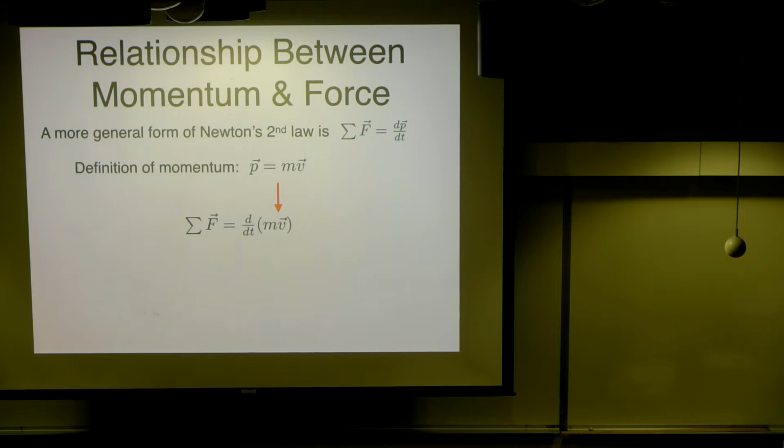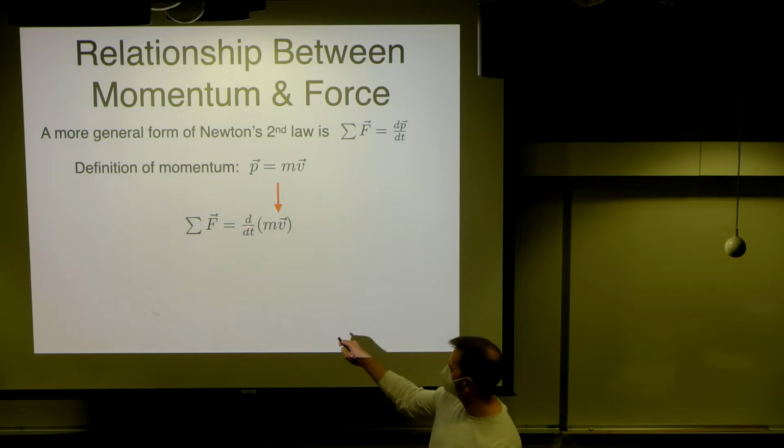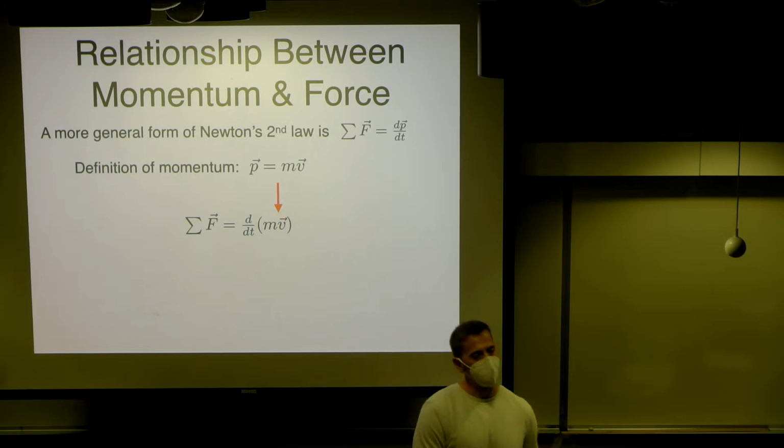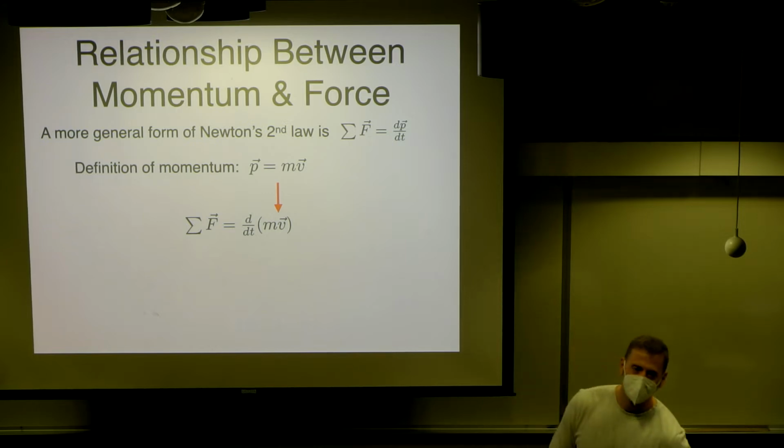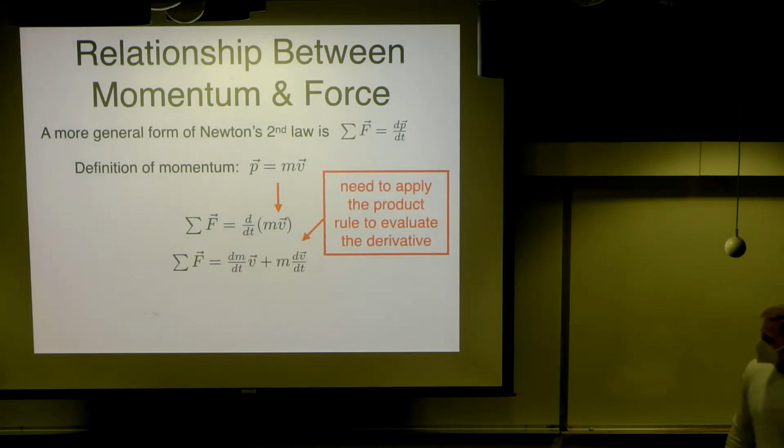Okay, so for any of you who have taken calculus, what do we do when we have to take the derivative, and the thing we're taking the derivative of is like a product of two terms? Product rule for products. So the way this works is like this.